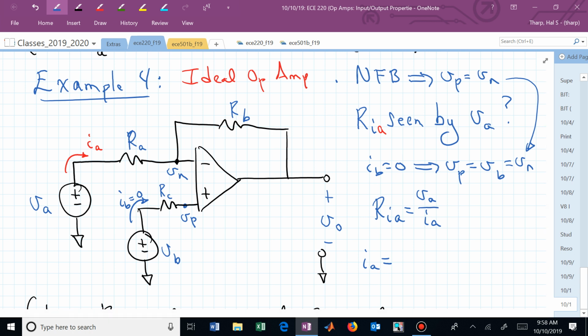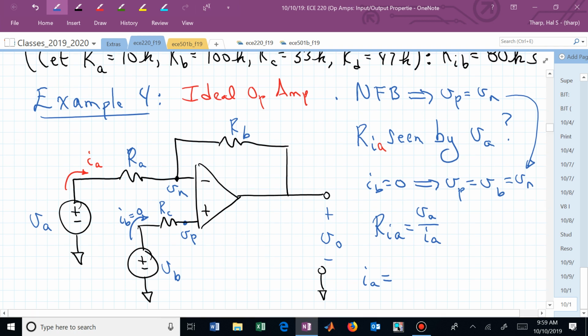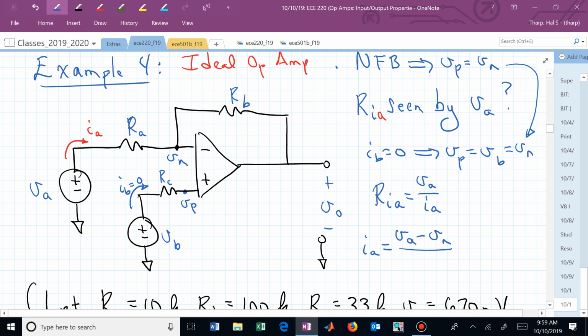Did everybody catch that? It's V sub A, where we are. And this depends on the direction that I've labeled I sub A. Now I have it going through R sub A to the right. It's now V sub A minus V sub N over R sub A.